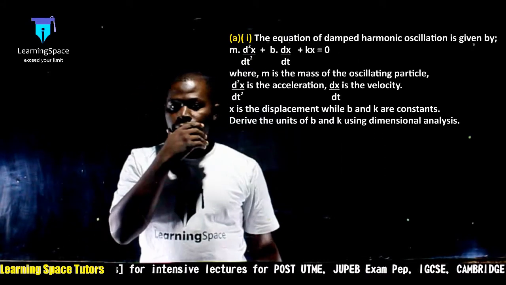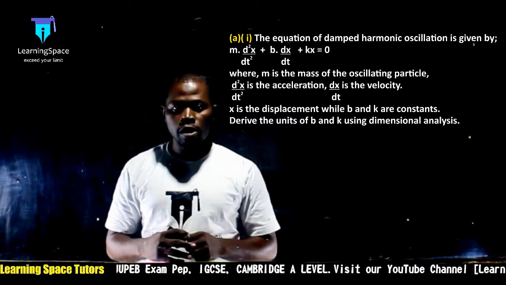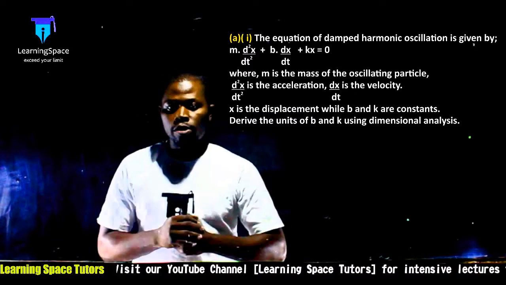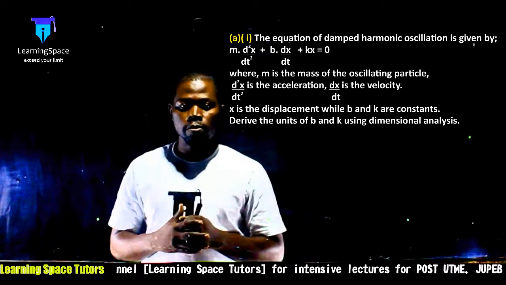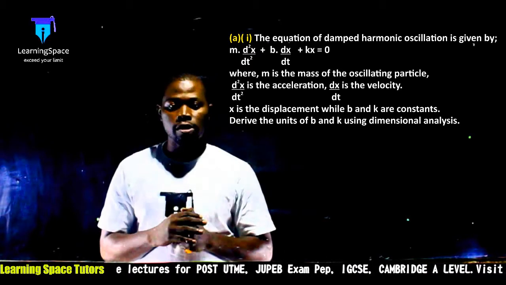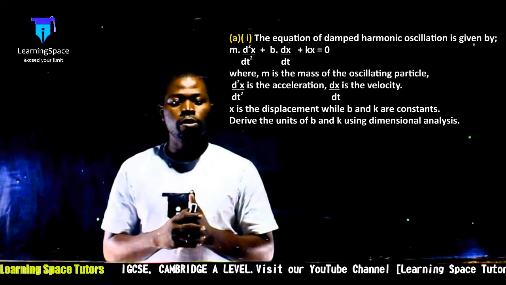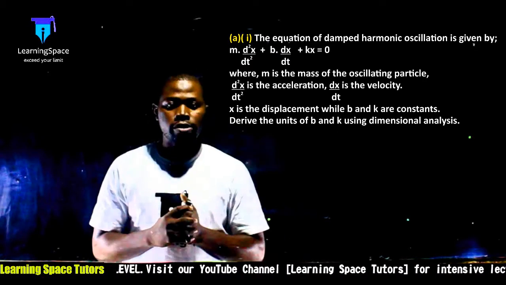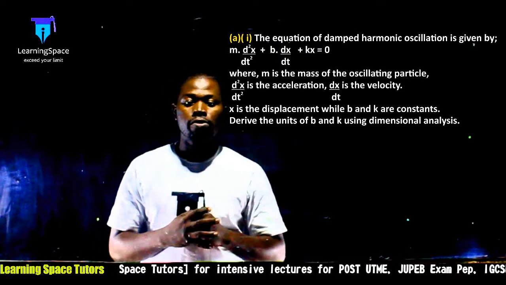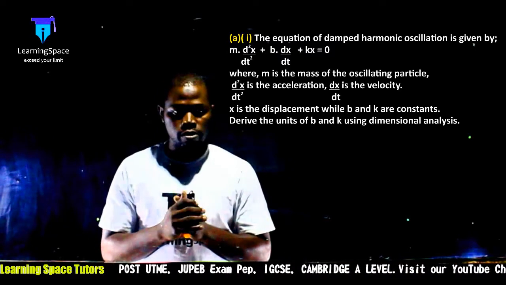Question 1AI. The equation of damped harmonic oscillations is given by m d²x/dt² + b dx/dt + kx = 0, where m is the mass of the oscillating particle, d²x/dt² is the acceleration, dx/dt is the velocity, x is the displacement, while b and k are constants.